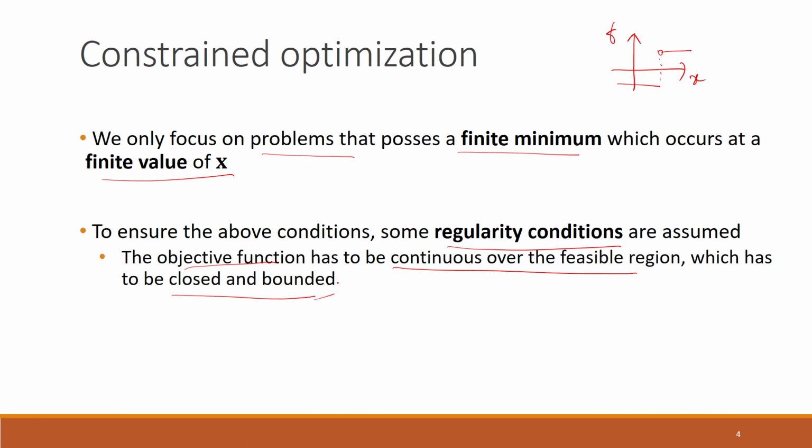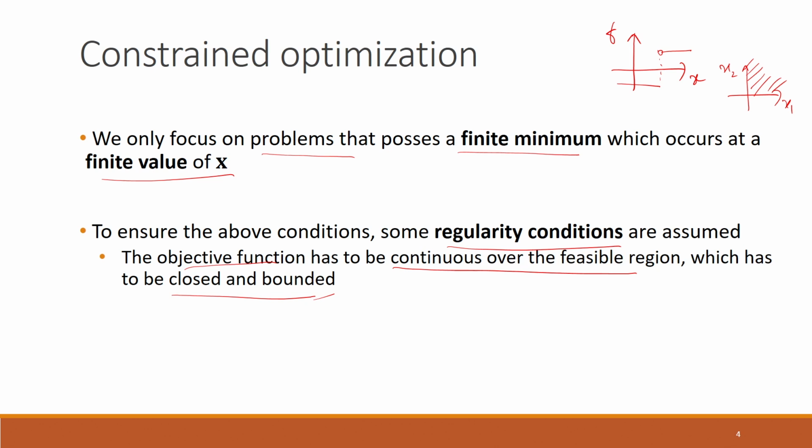Now, we all understand what a bounded feasible region means. For example, an unbounded feasible region is like this: suppose you have two dimensions here, x1 and x2, and suppose the feasible region consists of this first quadrant. This whole first quadrant is not bounded because there is no limit to what these values x1 and x2 can take, because they can go as high as infinity.